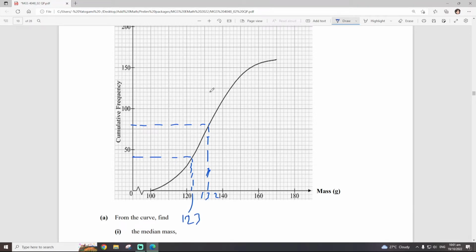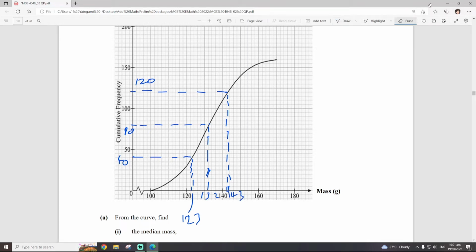And what about the upper quartile, which is 120? So this is 40, this is 80. Now 120 is here. It's also in between the square, therefore this is 143.